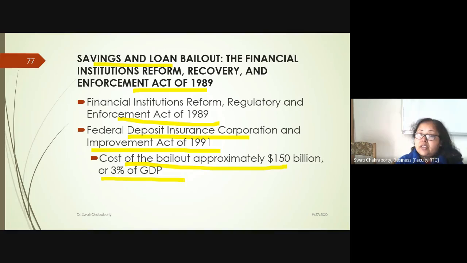So why I'm showing you the US is that it's the most developed nation in the world, and look at their economic situation, how it has actually failed, right?